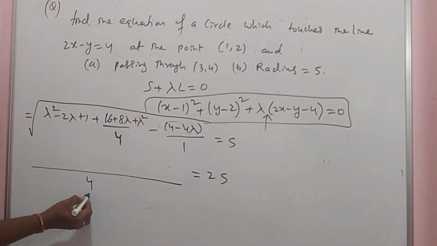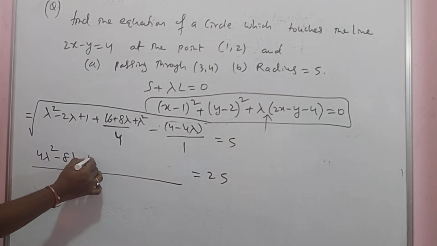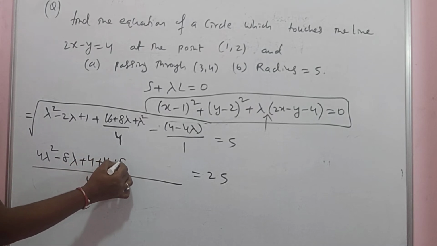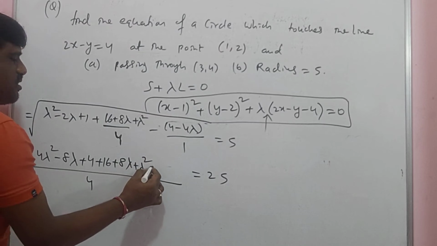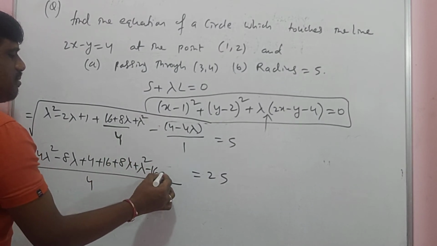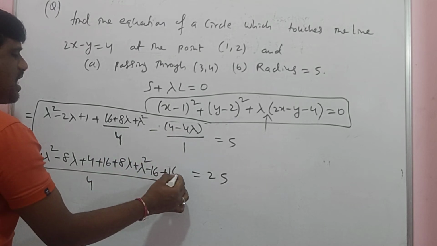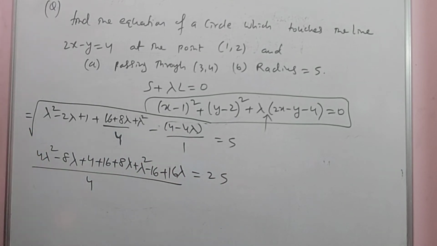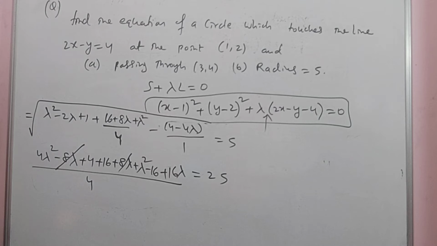And you can take here 4 as LCM, so 4 lambda square minus 8 lambda plus 4 plus 16 plus 8 lambda plus lambda square. I am taking the LCM, 4 4s are 16, minus into minus plus, 4 4s are 16 lambda, is equal to 25. So here what I can do moreover is minus 8 lambda plus 8 lambda cancel out.